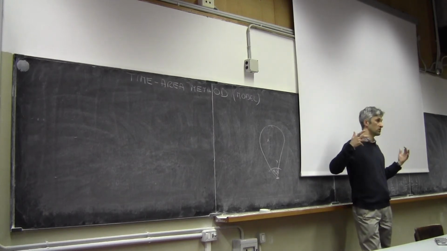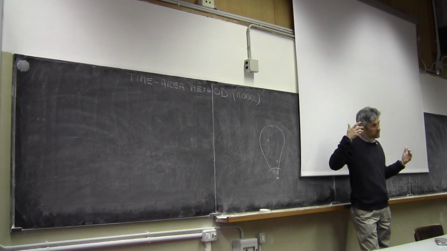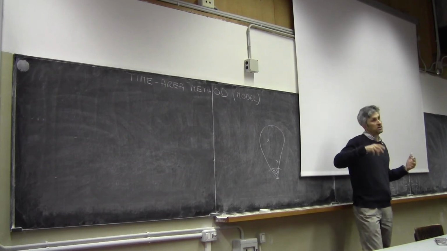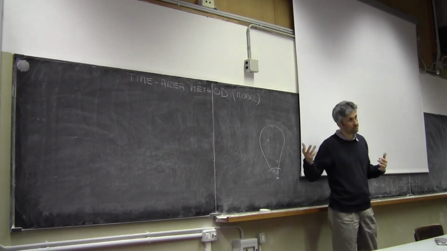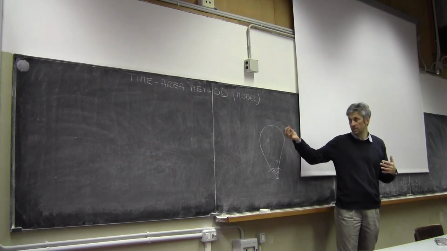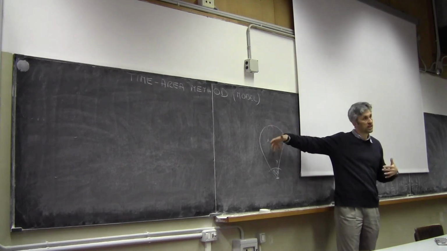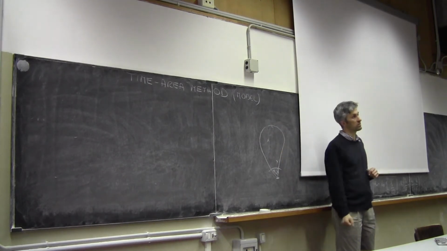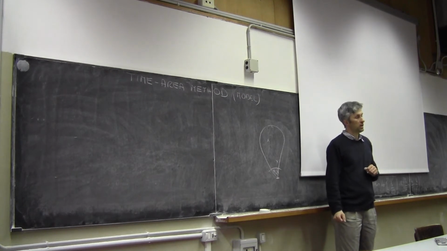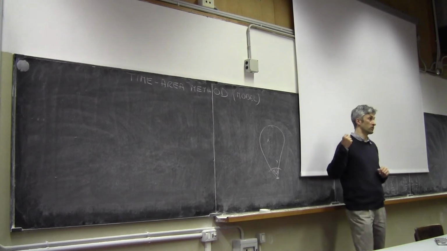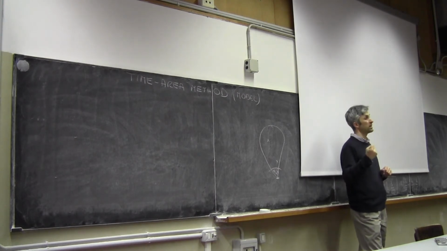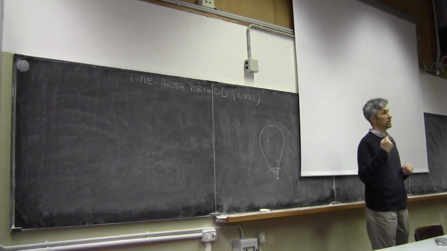The time area method imagines that when it rains, you have these drops that start traveling downstream to reach the outlet. And again, it makes use of the concept of the concentration time. So it relies on the computation of the time taken by each drop to reach the outlet.